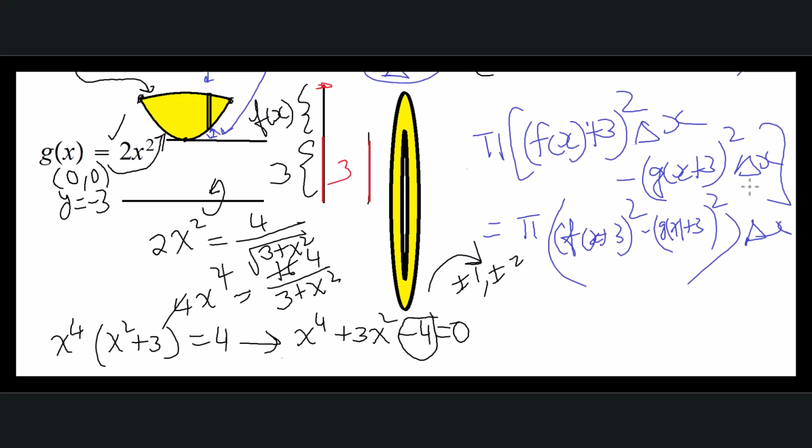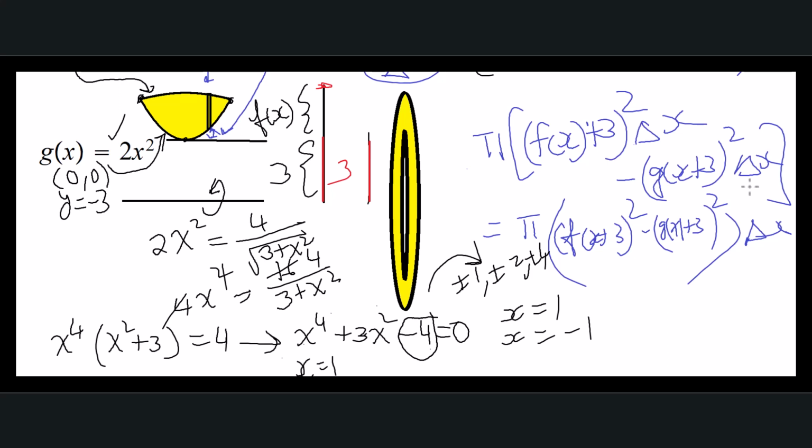So these are the candidates for the roots, and if you substitute x equals 1 in here, what do you get? 1 plus 3 minus 4 is 0. So one of the points of intersection is x equals 1, and what will the other one be? Just try -1. These are even powers, and this is going to be an even function anyway. So the other one is x equals -1.